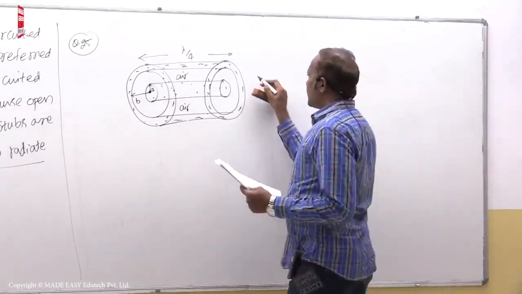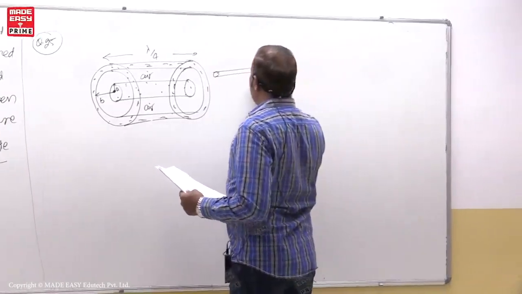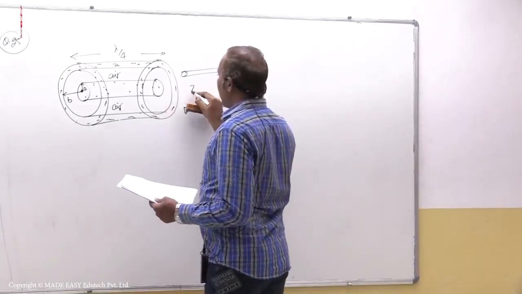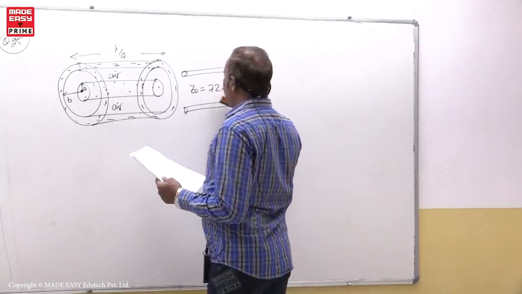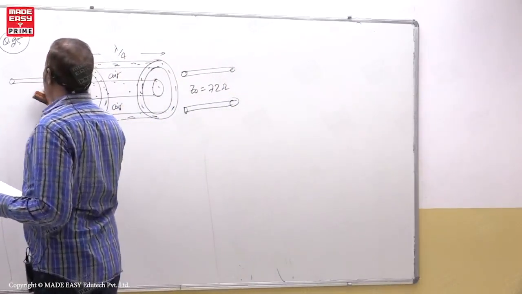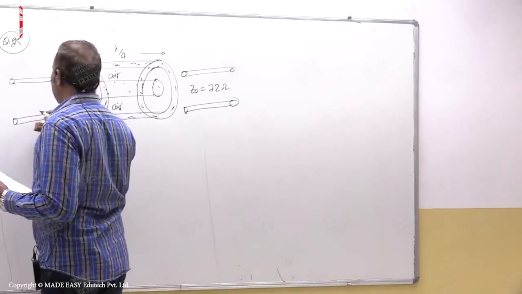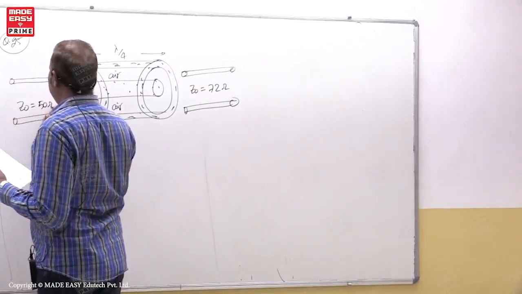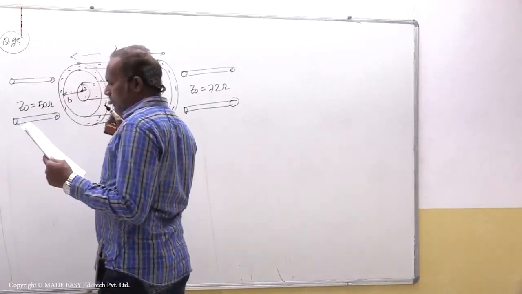One coaxial cable has 72 ohm characteristic impedance, the other has 50 ohm. So 50 ohm and 72 ohm respectively.